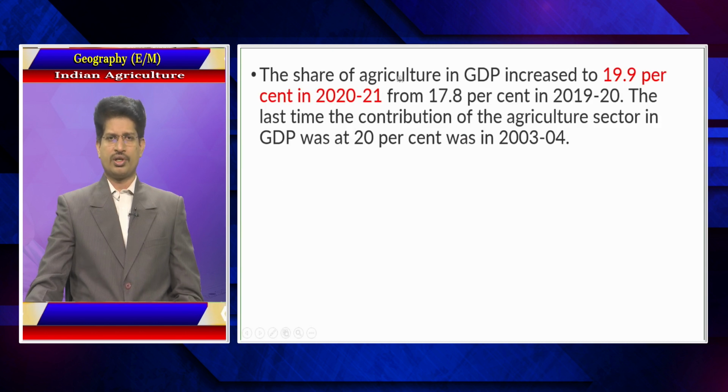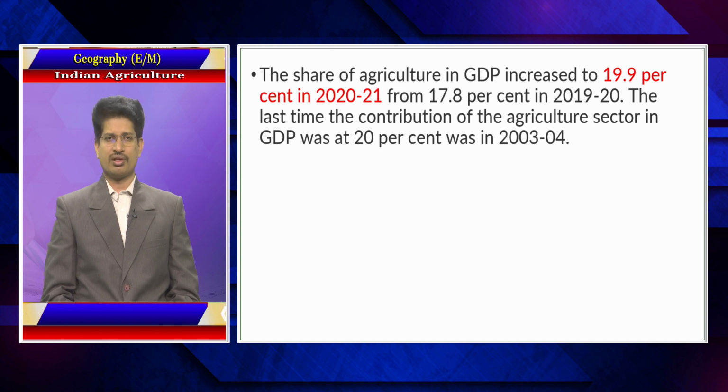The GDP contribution has increased to 19.9% in 2021 from 17.8% in 2019-20. So, here it implies that there is an increase in the contribution to GDP. But when relatively compared currently, the percentage contribution of agriculture to the GDP, even though the percentage is low relative to the secondary sector and the tertiary sector, doesn't mean that the agricultural produce has been reduced.